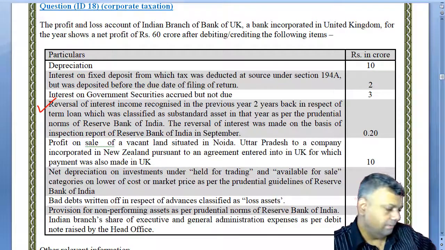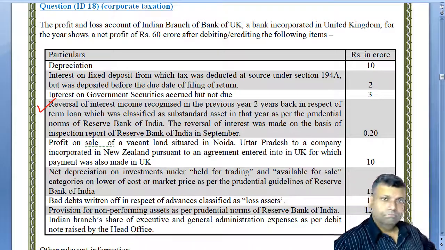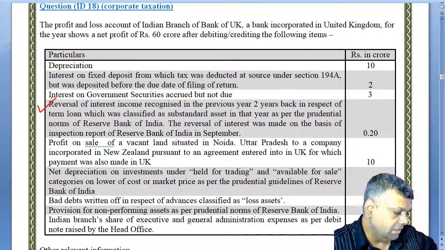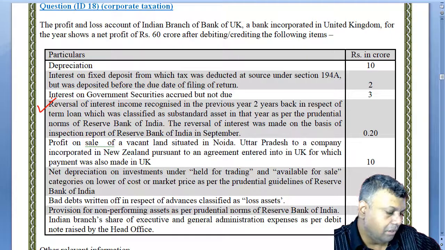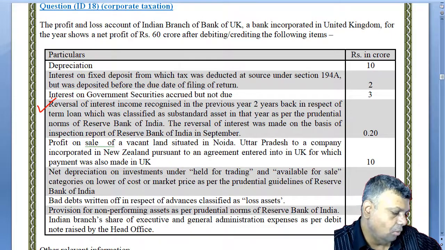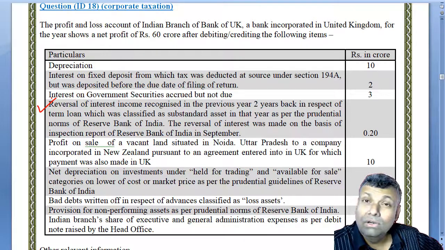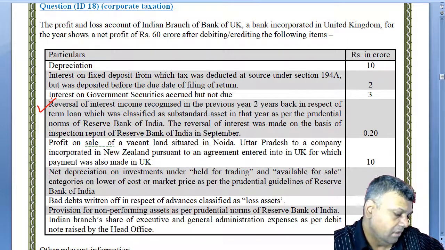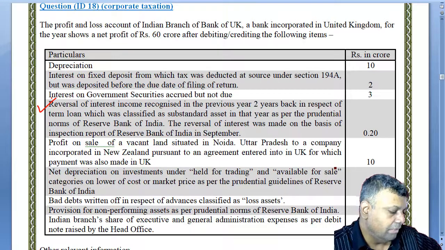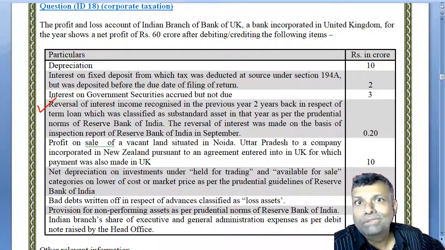The reversal of interest income recognized in the previous year 2 years back in respect of the term loan, which was classified as a substandard asset in that year as per the prudential norms of the Reserve Bank of India. The reversal of the interest was made on the basis of inspection report of the Reserve Bank of India in the month of September.